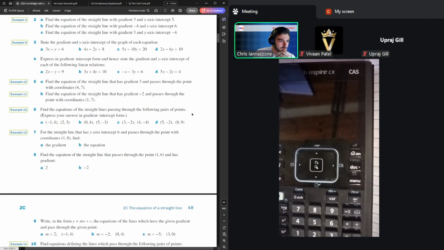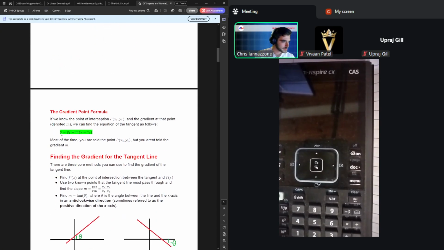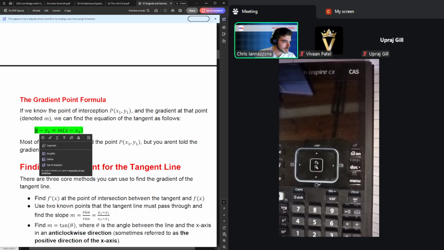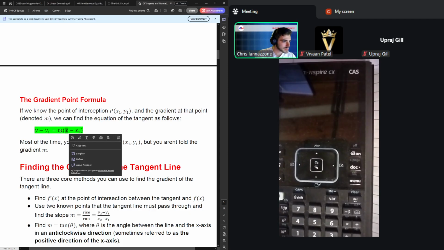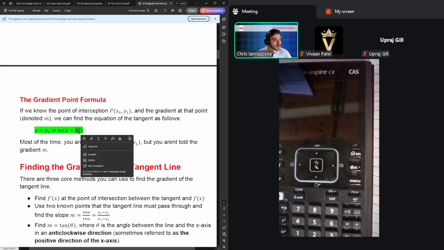The other way would be the gradient-point formula, which I will pull up. I think that's all in calculus, actually. I don't think I wrote this anywhere in linear. It's this thing here. So you keep the y and the x as the thing for the equation, and you sub in the y1, x1.